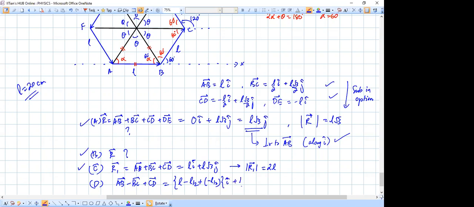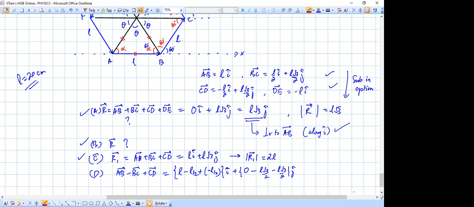And the Y component will become, this one is 0, minus this one is L root 3 by 2, and minus this one is again L root 3 by 2. So this is not going to be 0. This is going to be L I cap minus L root 3 J cap. You can see it is not a null vector.